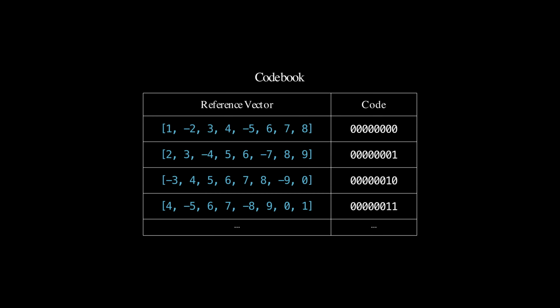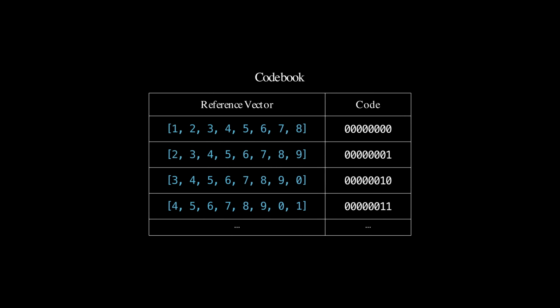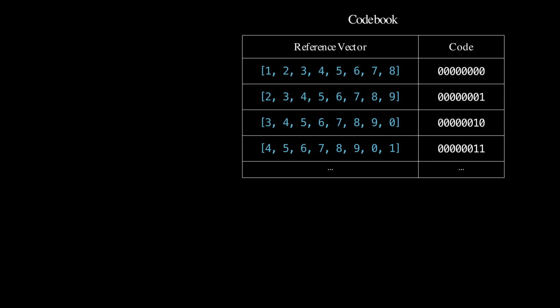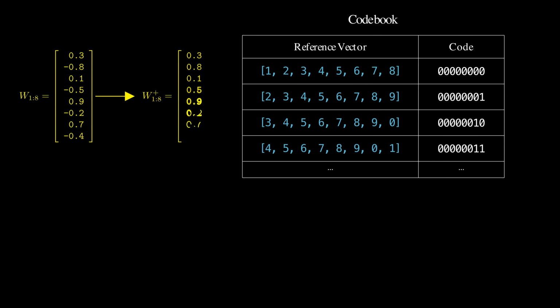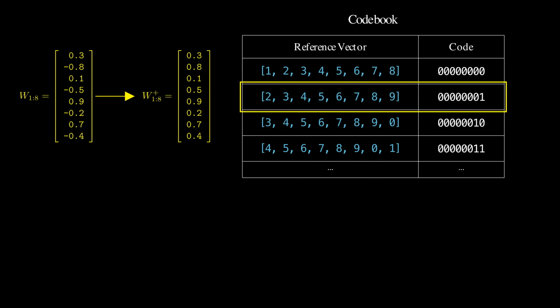Here's one hack related to the codebook table that I thought was pretty smart. In their codebook, reference vectors always have positive coordinates. Before matching a weight vector against the codebook, they flip the sign of all its negative dimensions. So the nearest neighbor search will always compare exclusively positive vectors against each other, apples to apples.